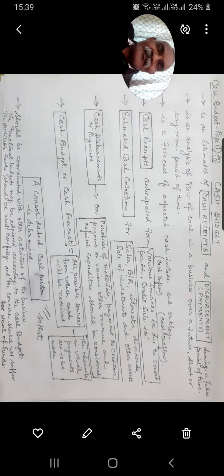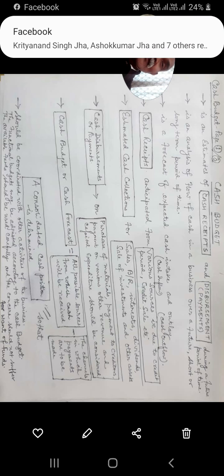As you know, the cash budget takes into consideration cash. So there are two types. One is cash receipts, that is inflow of cash, and the other one is cash disbursement, that is payment, outflow of cash.